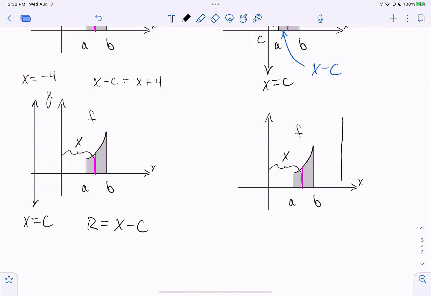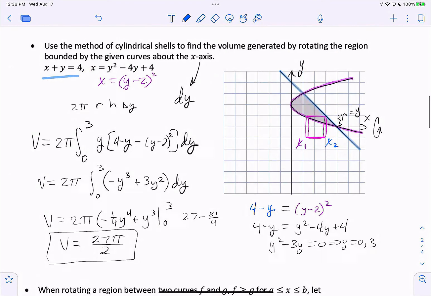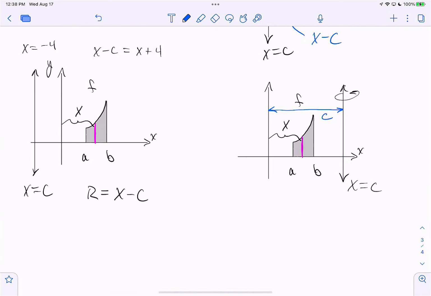This is, I think, the last of all the possibilities for a vertically oriented representative rectangle. Suppose our x equals c, our vertical line, is to the right of the region that we're rotating, and we're rotating it about that line. Then we're looking at this distance here between the y-axis and x equals c, which is c. The distance between the representative rectangle and the y-axis is x. And so this part, the part that's left, is our radius.